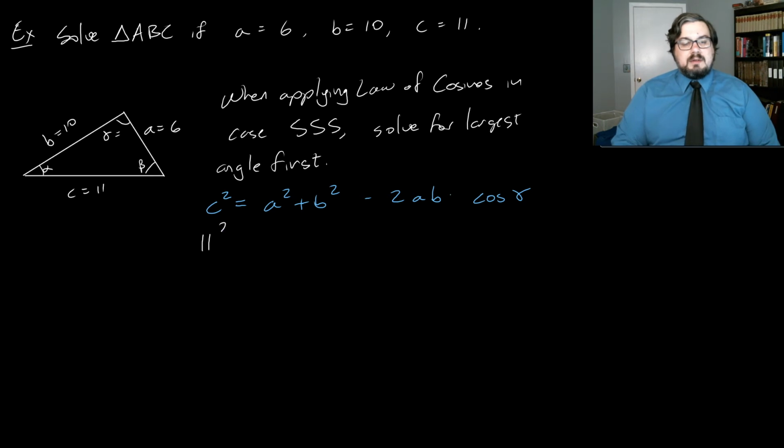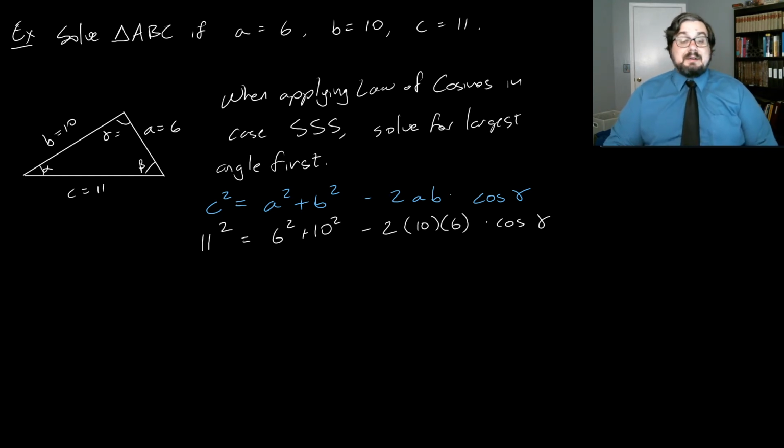So working this out, we have 11 squared is equal to 6 squared plus 10 squared minus 2 times 10 times 6. I guess I wrote those backwards, but of course it doesn't matter, times cosine of gamma. And now at this point, we need to solve for gamma.